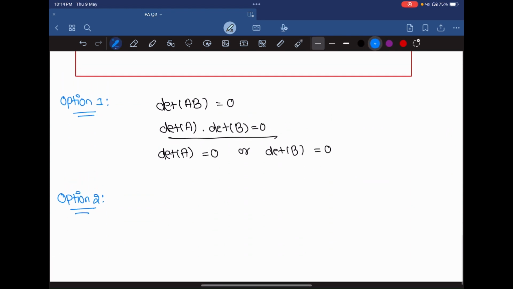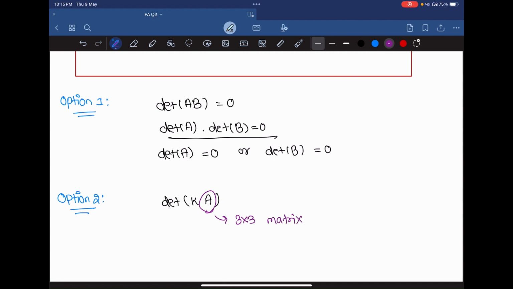That is, determinant of KA we have to find. On multiplying one row by K once, we get K times determinant of A. Here, this A is a 3 cross 3 matrix.